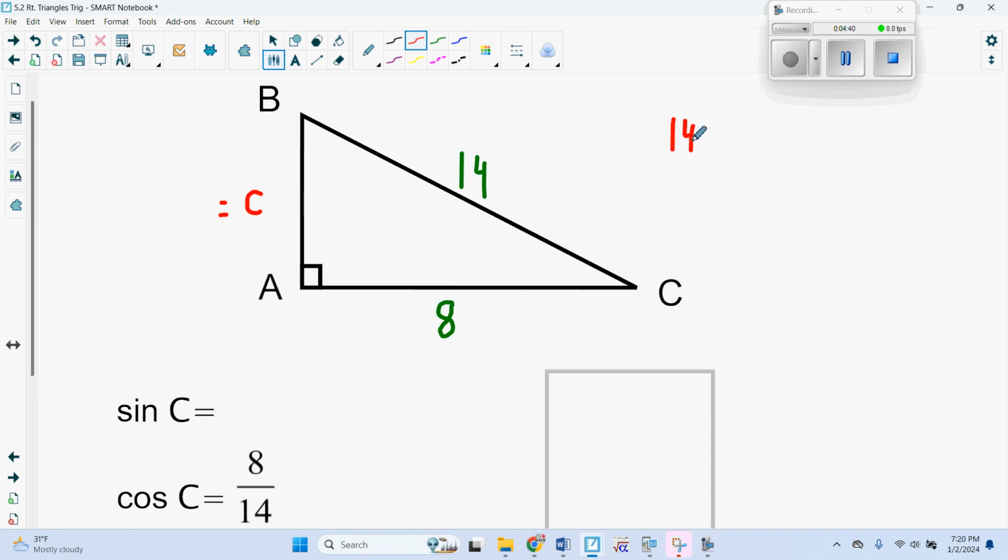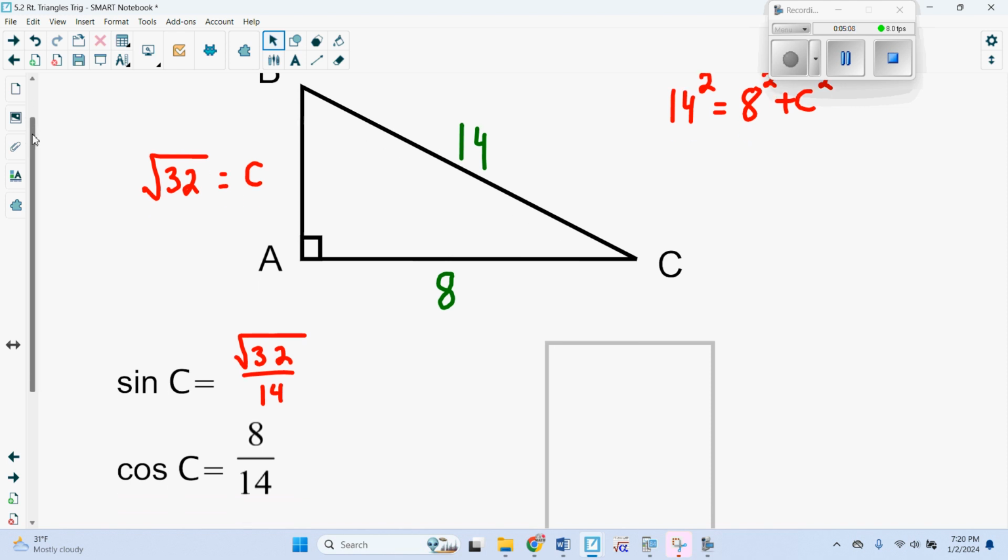So this would be 14 squared is 8 squared plus c squared, and if we do that, we get c to be the square root of 32. Which tells us that the sine of C, opposite over hypotenuse, is the square root of 32 over 14.